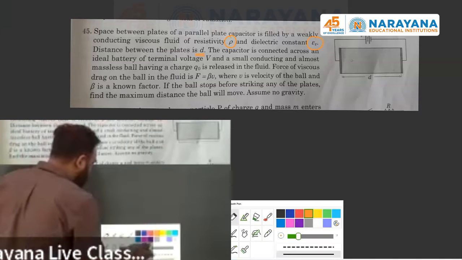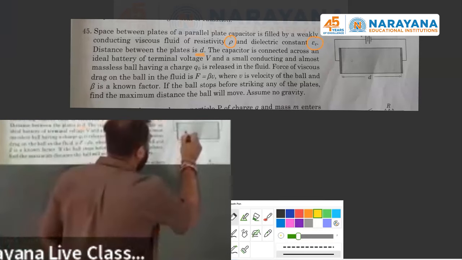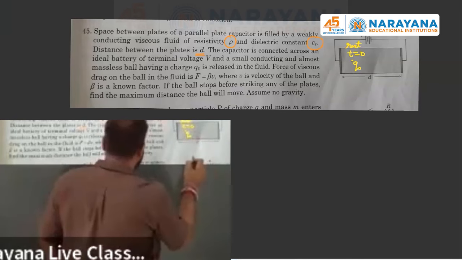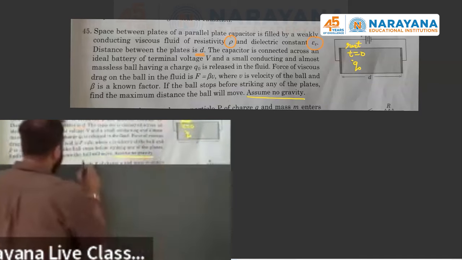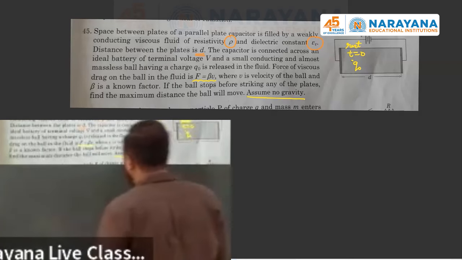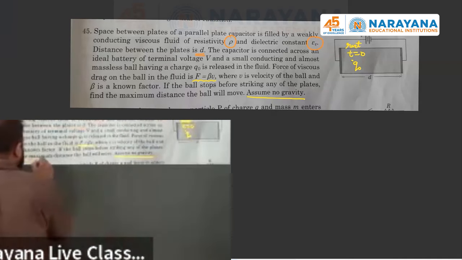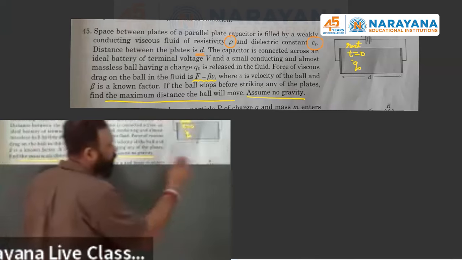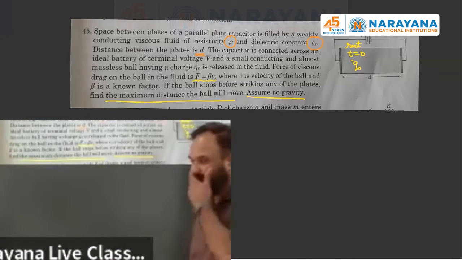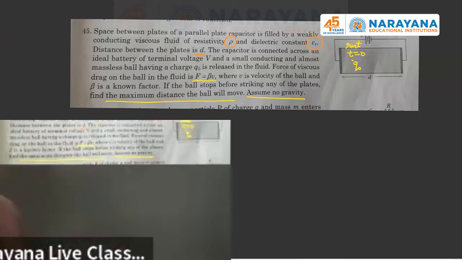Now he says that if you take a charged particle here at t equal to 0 and leave it from rest, supplying it a charge of q naught, there is no gravity, and there is a drag force from the fluid, that is beta into v. So the question is, if you leave this charged particle at rest, what maximum distance will this particle move before coming to a state of rest?